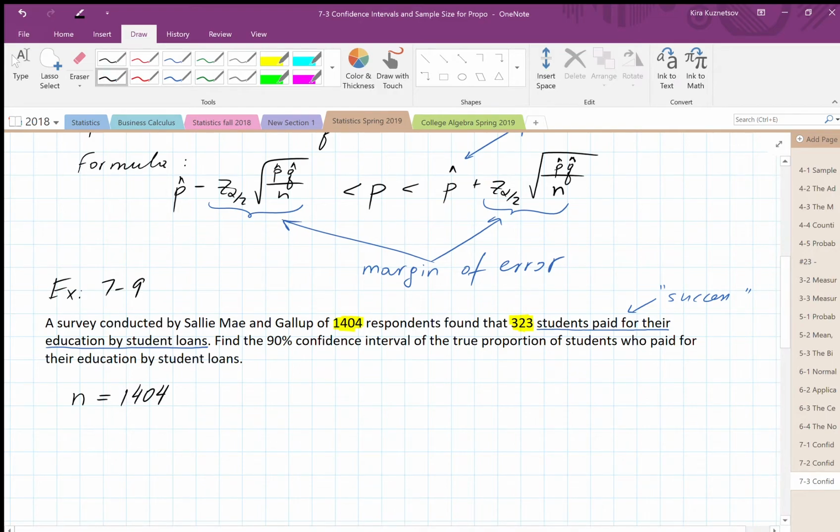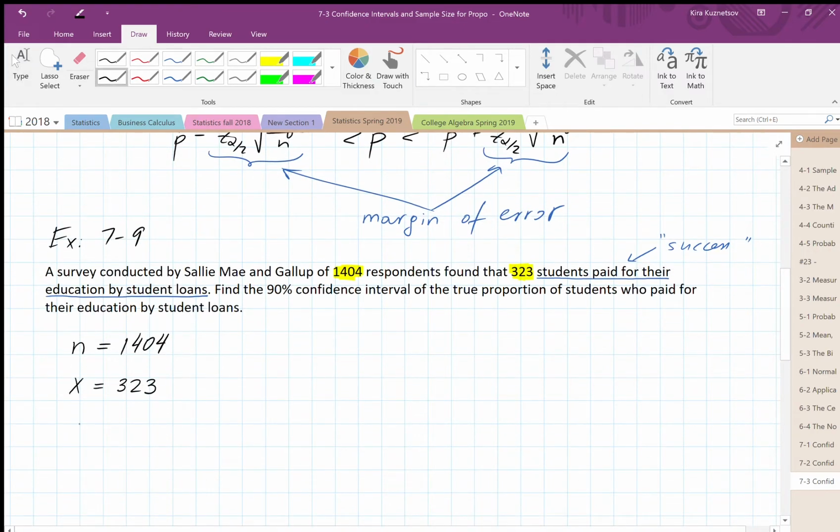The next number is 323. That's the x, because this is how many people said yes to my question. We're interested in 90% confidence. And some of the intermediate questions that might be asked is find the p hat, find the q hat.